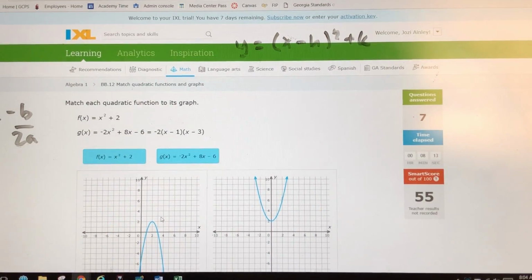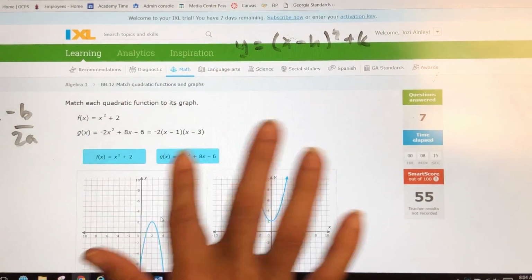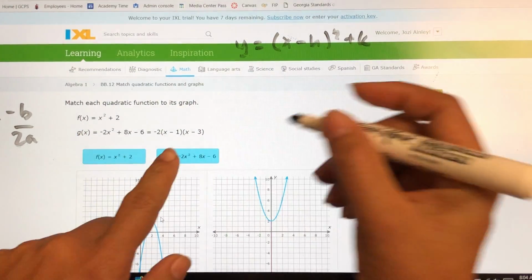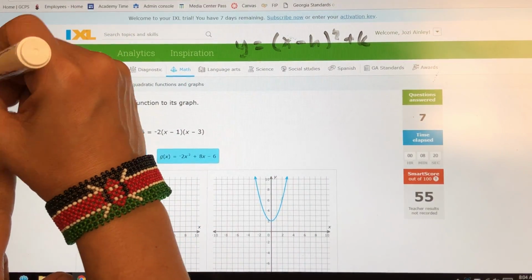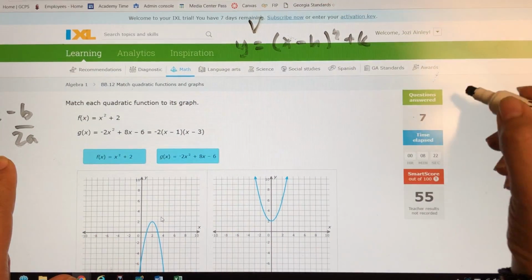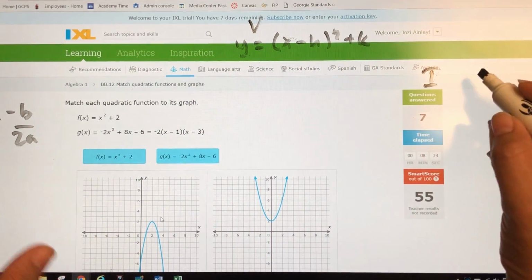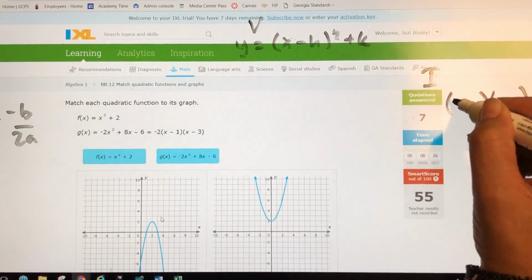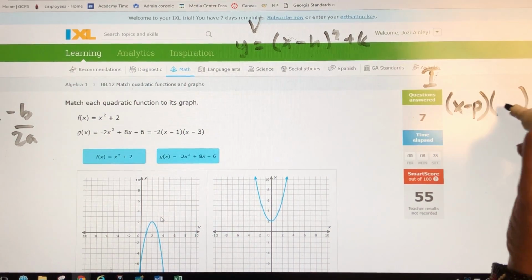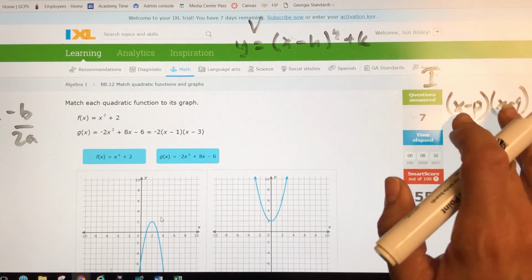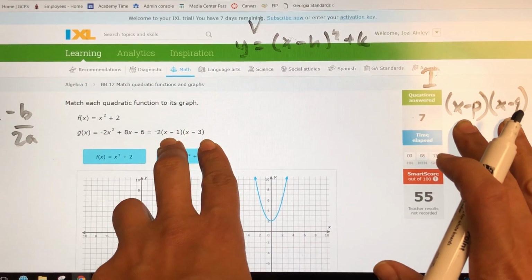Let me show you vertex form again. Oh, actually, now I can show you intercept form. So this is standard, vertex, and then intercept form is when you have x minus p, x minus q. It has to be minus, right? And you can see they've written it out for you.